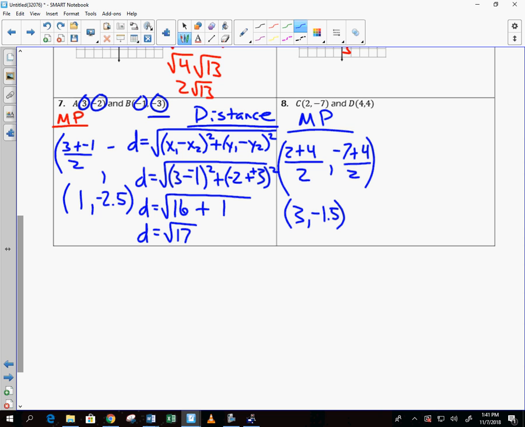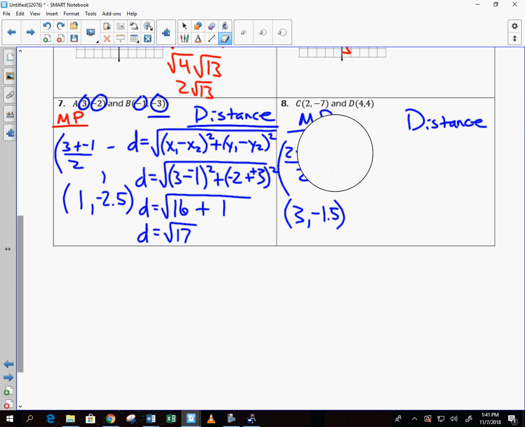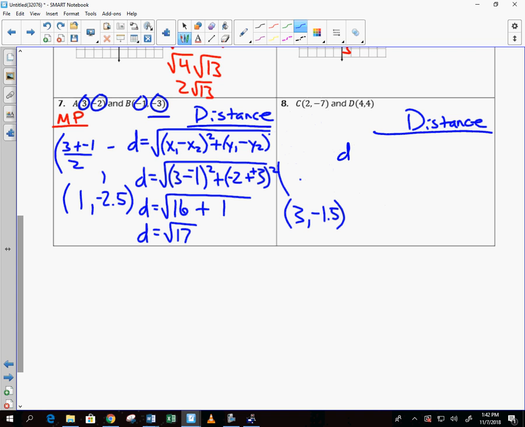Now I've got to find the distance. I'm going to set it up with you, and then you're going to try to make sure you can simplify it on your own. Distance is the square root of what? What do I plug in? 2 minus 4. Good. The x's subtracted.